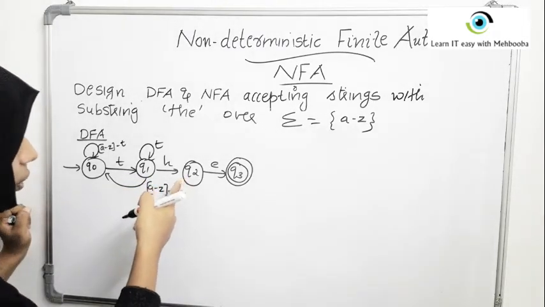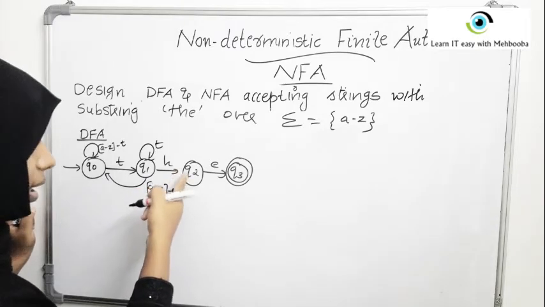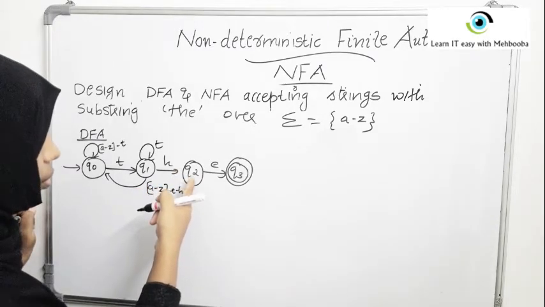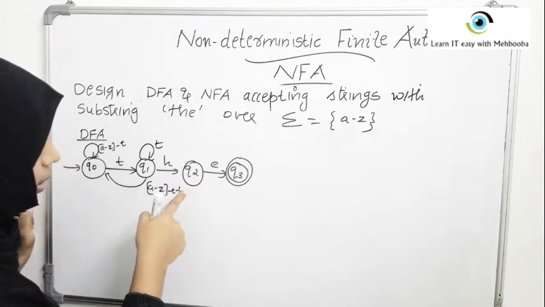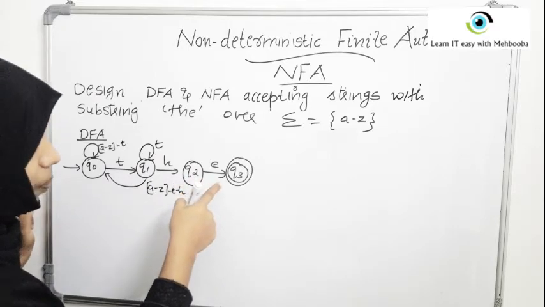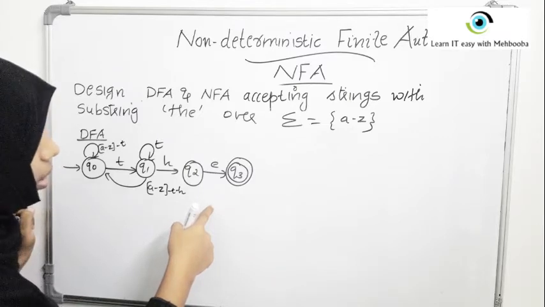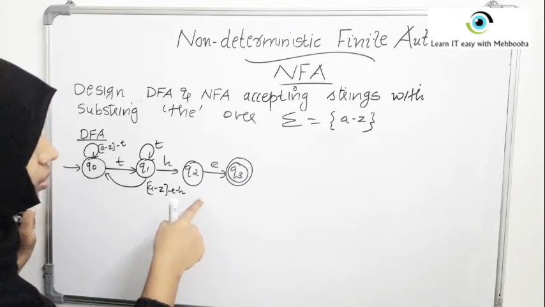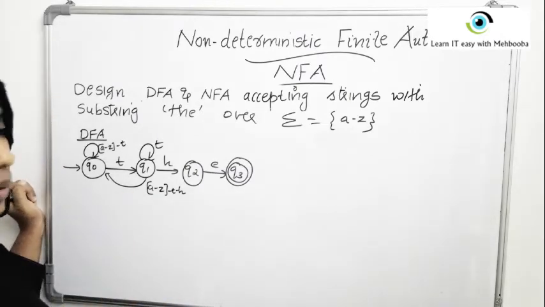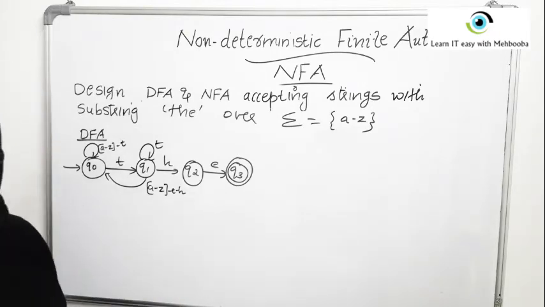Now H here. If you are getting H, you can go to Q2. At this point we are expecting an E. If you are not getting an E, you just have to start everything from the beginning because there is no other way to fix it.